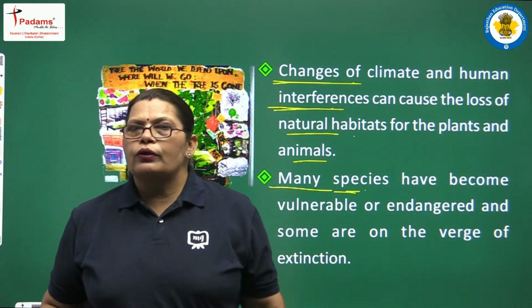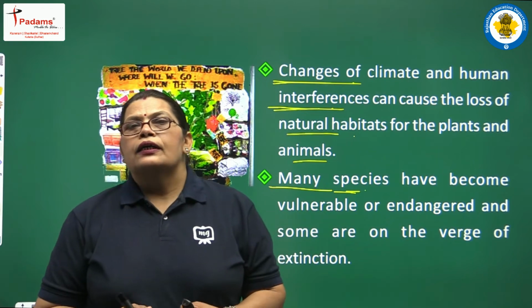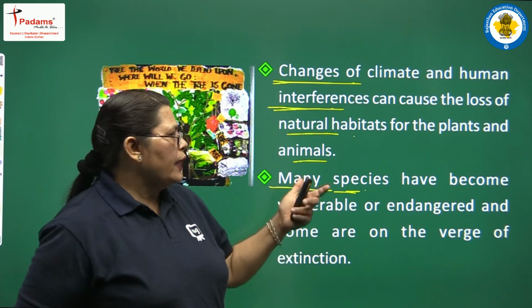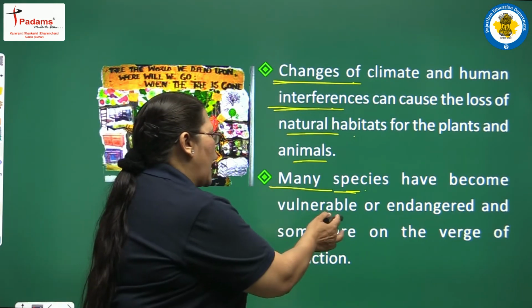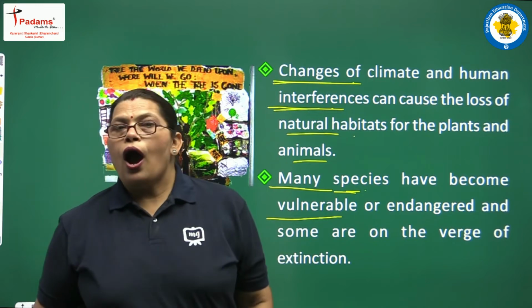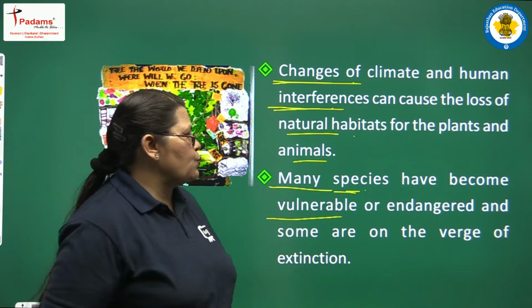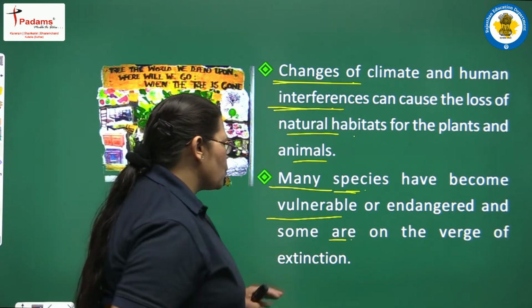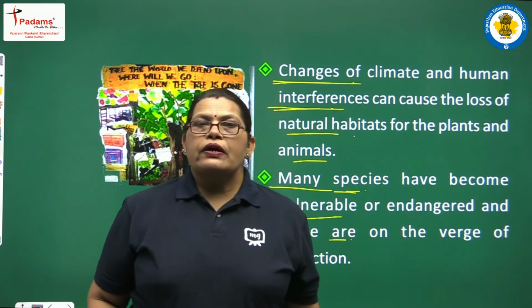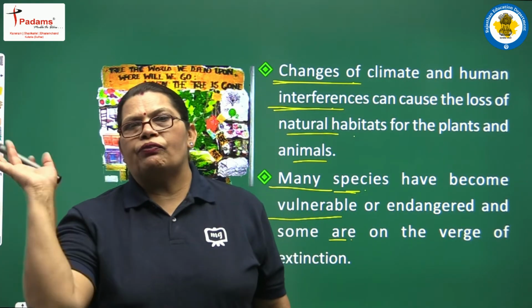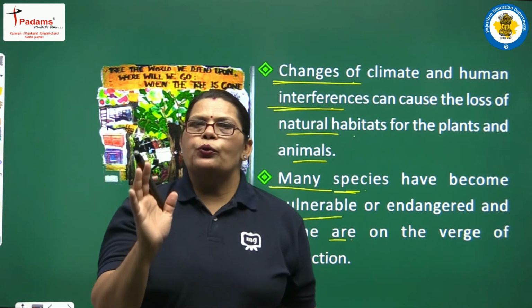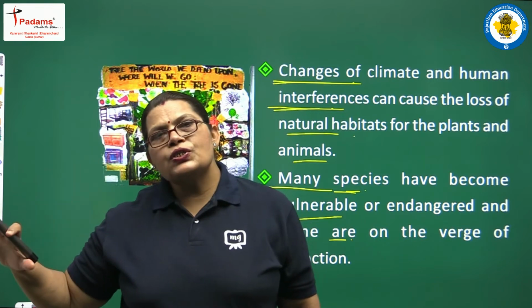Next one is the many species. When we are talking about the species surviving on the earth, then what happens? Many species have become vulnerable or endangered at present, and some are on the verge of extinction also. So it's our moral duty not to interfere in the ecosystem part, not to interfere with the forestry part.